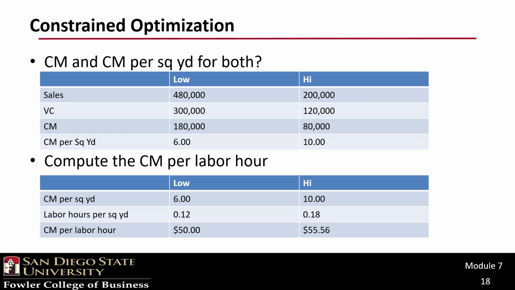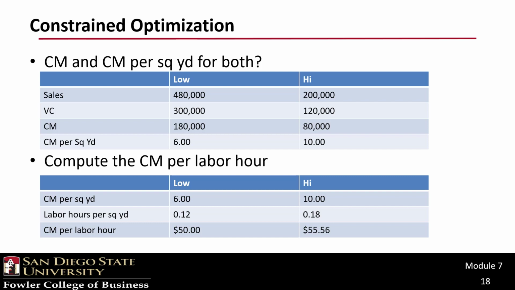So let's look at the contribution margin and the contribution margin per square yard for both. The contribution margin is the sales minus just the variable cost. So for low, that's the 480 minus the 300, or 180. Divided by 30,000, that's $6 of contribution margin per square yard. For high, it's 200,000 minus the variable cost of 120.